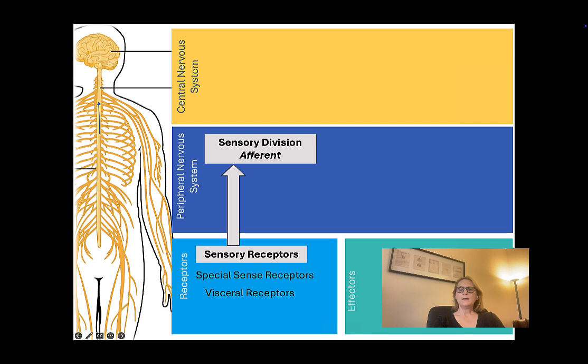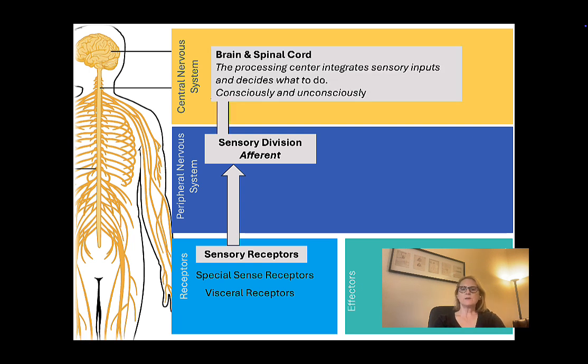So from the peripheral nervous system, the PNS, the signal then goes towards the central nervous system. The sensory input is then processed and integrated by various brain regions depending on the type of stimulus received. This integration combines sensory data with emotional states, memories, and learned experience.